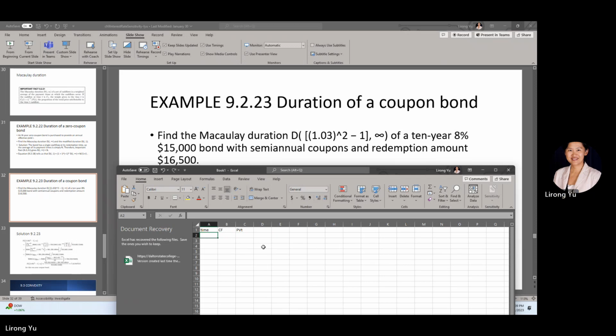Take a 10-year, 8% bond with semi-annual coupon. So time 0, semi-annual 0.5, semi-annual coupon time 1. Instead of doing that, maybe I'll just use a formula.